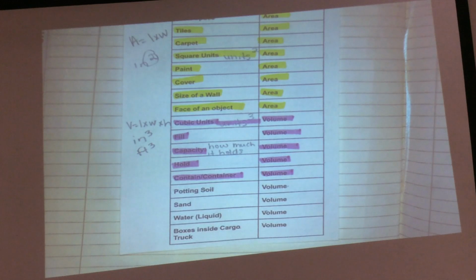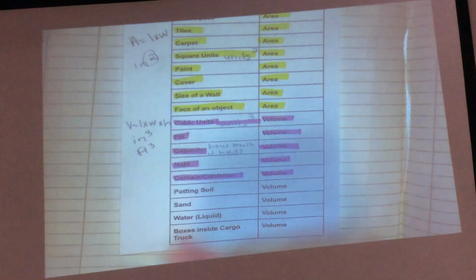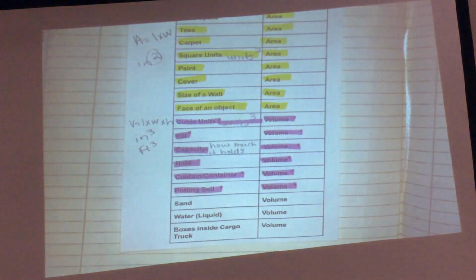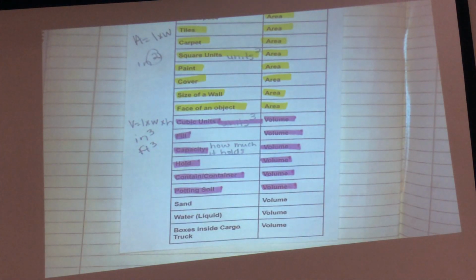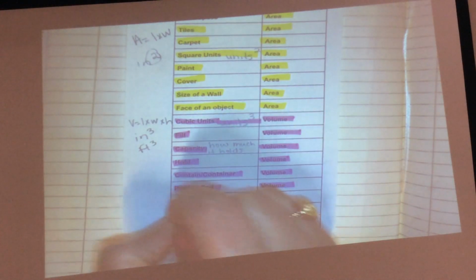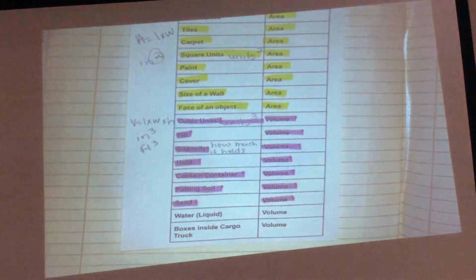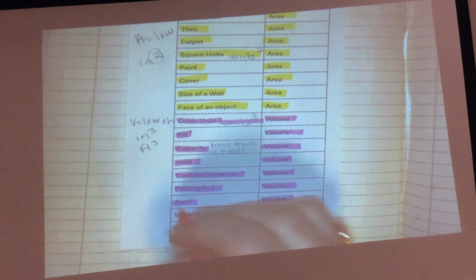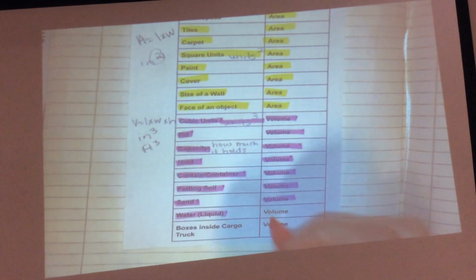Same thing with sand. Talking about how much sand something can hold, working with volume. Kate said water, any kind of liquid. You need a container to hold that.